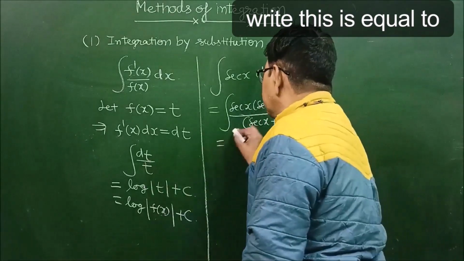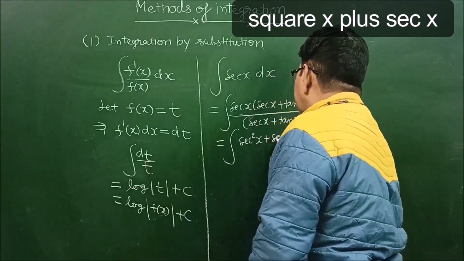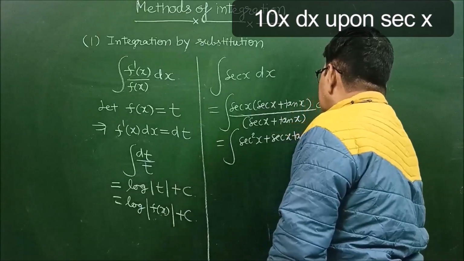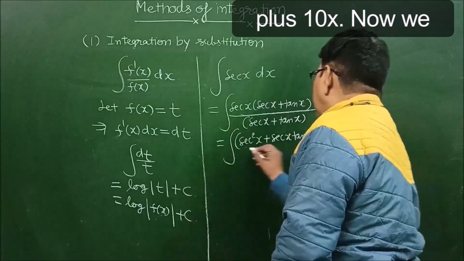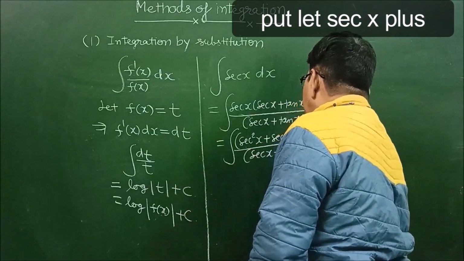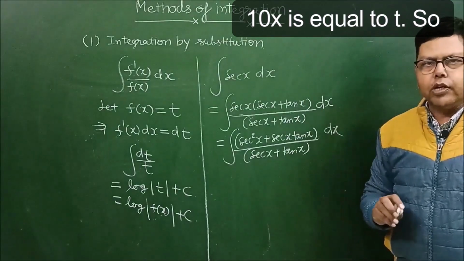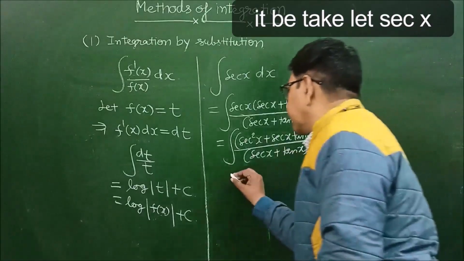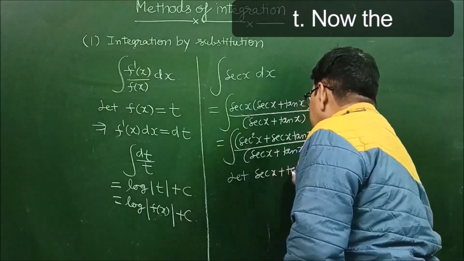We can write this as integration of sec square x plus sec x tan x dx upon sec x plus tan x. Now we let sec x plus tan x is equal to t.